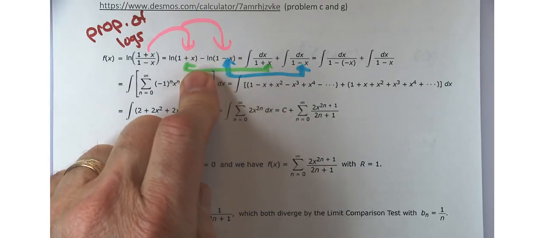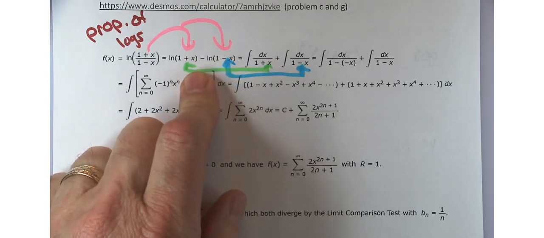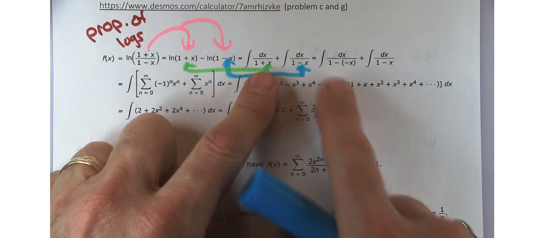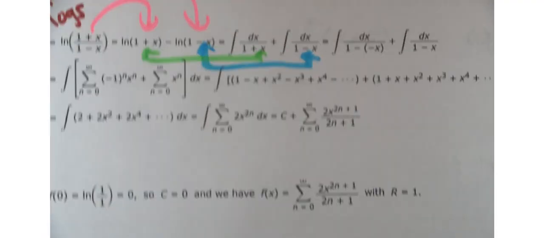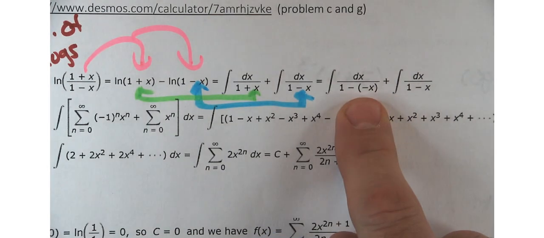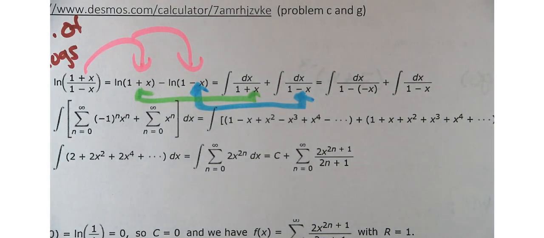So that much is just integration. And one last little cute thing here. What's going on with the denominator of this first term? How come we rewrote it as 1 minus negative x instead of 1 plus x? Any suggestions? Fit the series? Yeah, to fit that into our series pattern.